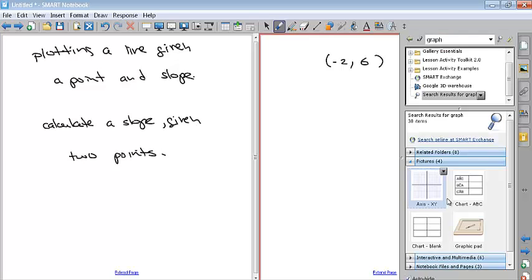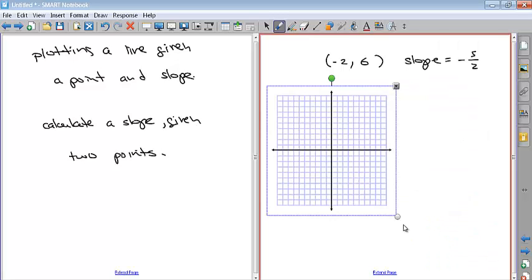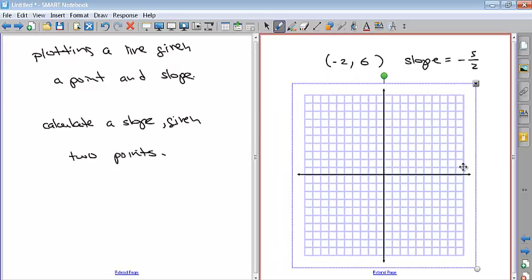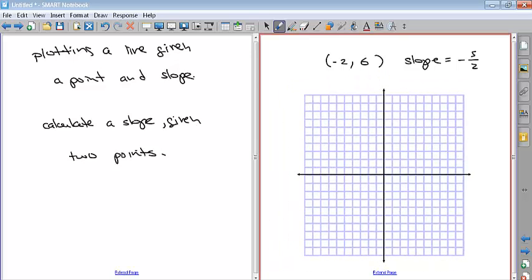I'll give you a piece of graph paper. What you do is you plot the point. Again, let's label the axes. You go -2, 6: 1, 2, 3, 4, 5, 6. Okay, so this is my starting point.